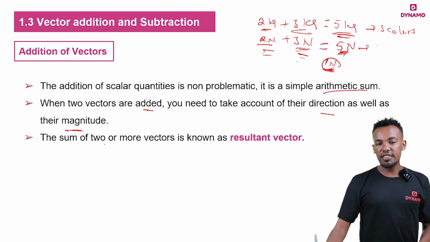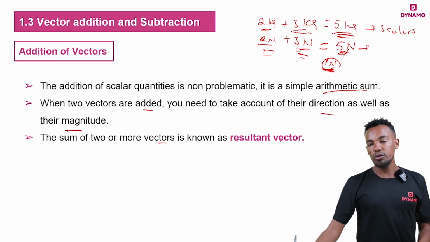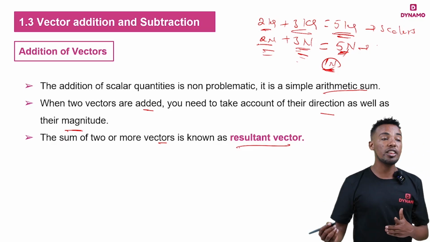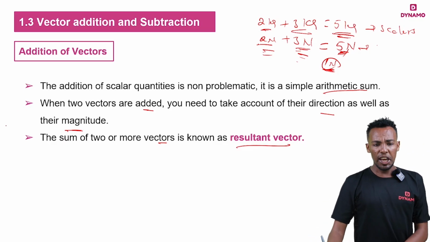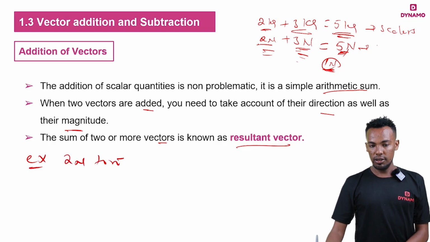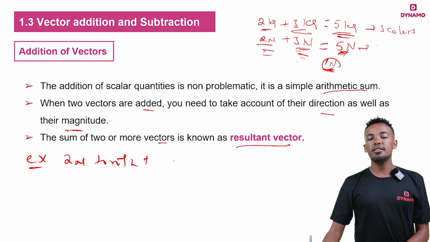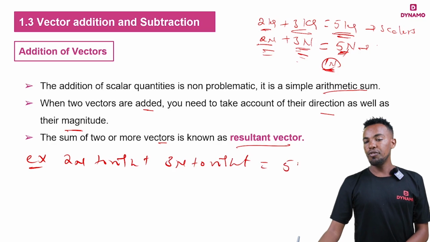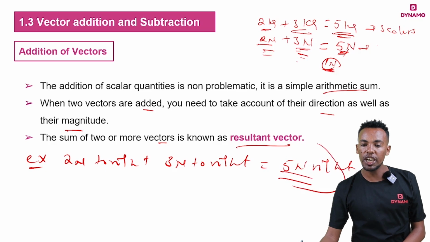The sum of two or more vectors is known as the resultant vector. For example, if we add 2 Newton to the right plus 3 Newton to the right, it is equal to 5 Newton to the right.